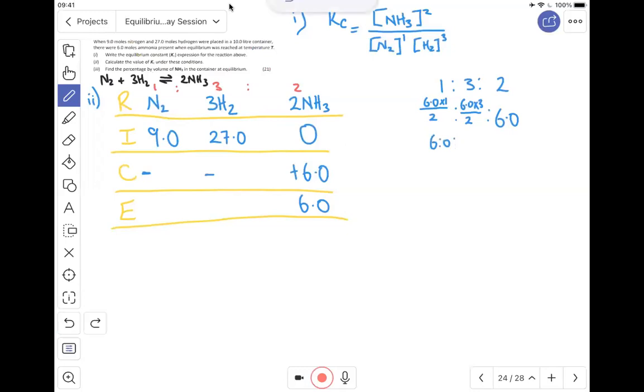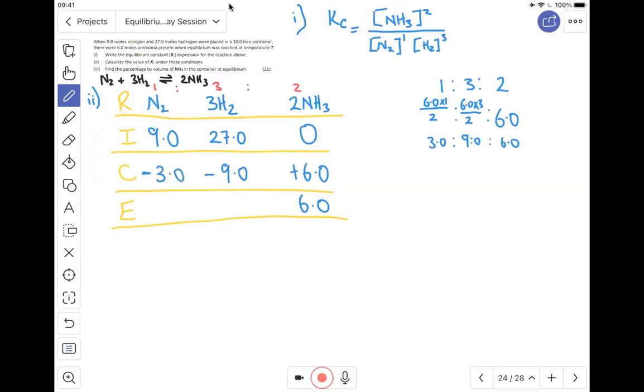When you do that, sorry, you don't get 6.0, you get 3.0 because you've divided by 2. 3.0 is to 9.0 is to 6.0. So that is your line for your change now. We know that the 3 represents the hydrogen, so that's minus 9.0, and the nitrogen is 3.0.